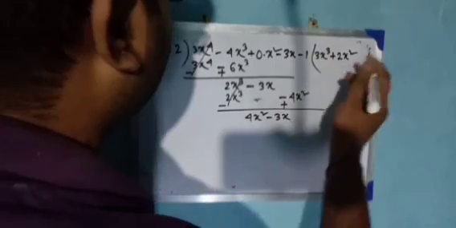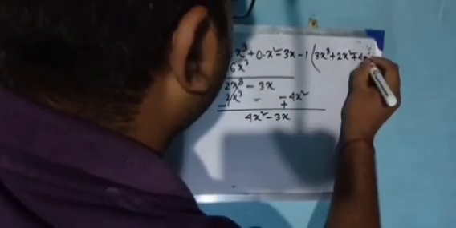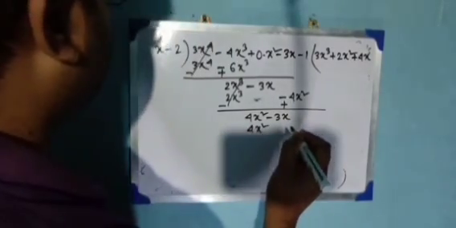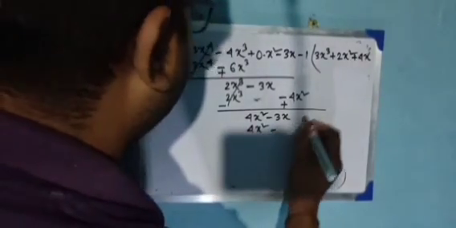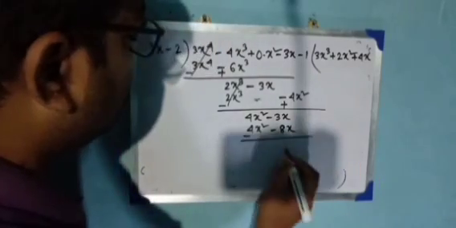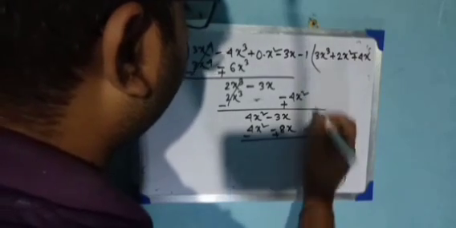Next step, we have to multiply it by plus 4x. So we are getting 4x square minus 8x, minus, this will be plus, and next 1 should be coming over here.